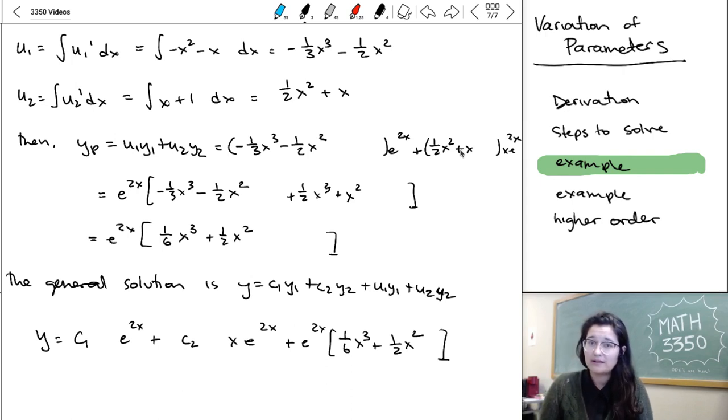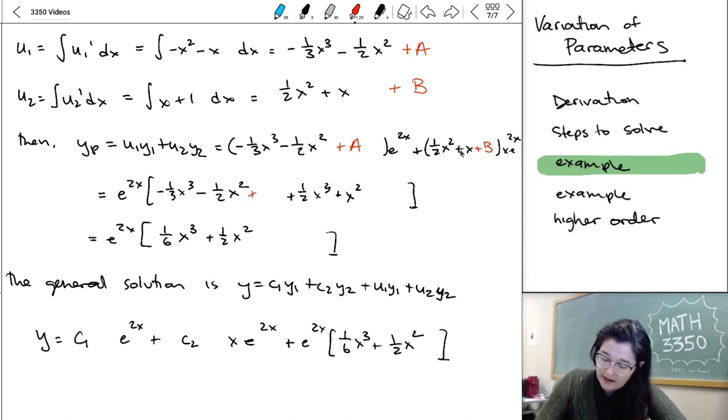Once you've got all that written down, I'd like to talk about how we would handle constants of integration here. So suppose I had written plus a constant when I integrated, which is good practice. Then when I went to yp, I would have plus my constant from u1 here and plus my constant from u2 here.